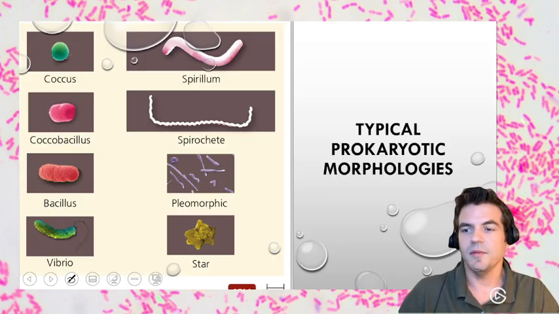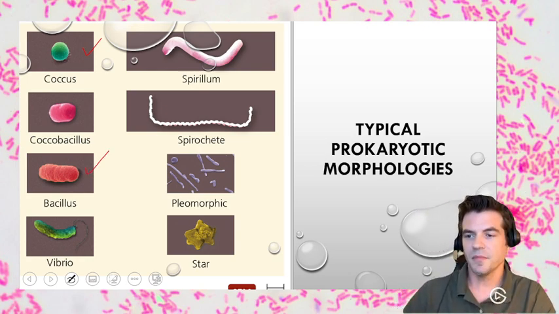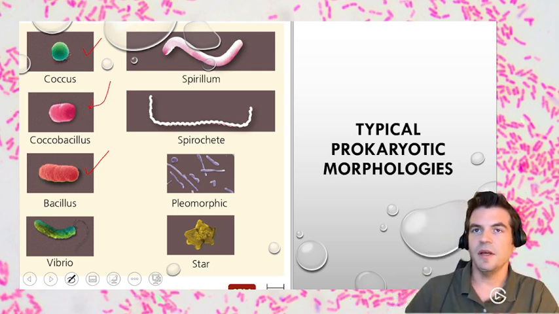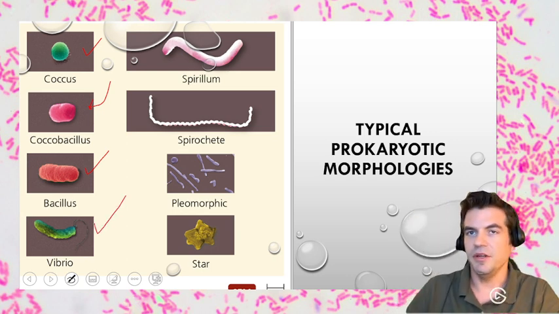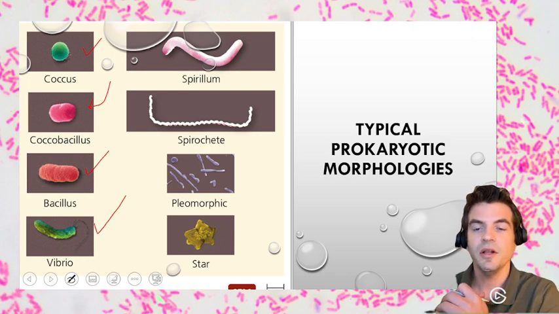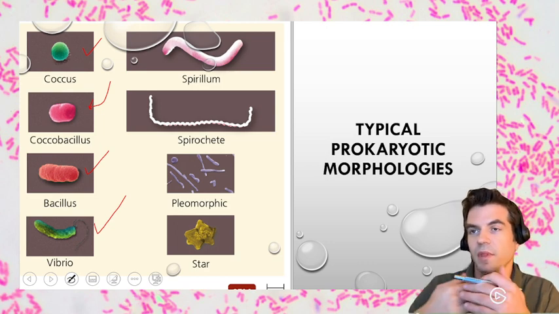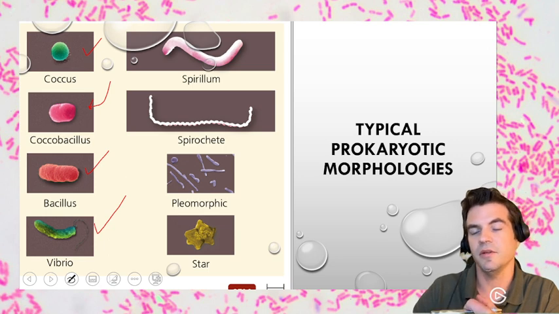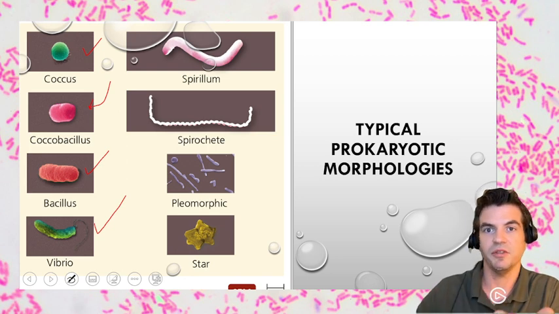So with that, there's our coccus. You should already know that that's a sphere. Here's our bacillus. That is a rod. All right. We have some coccobacillus. I would not worry about that one too much. Vibrio, you definitely need to know because there is a disease called Vibrio cholerae, or cholera, and that is a very relevant disease right now. After Haiti, the cholera tends to come after misfortunes in low impoverished areas.